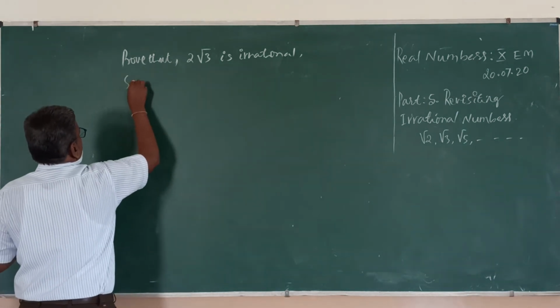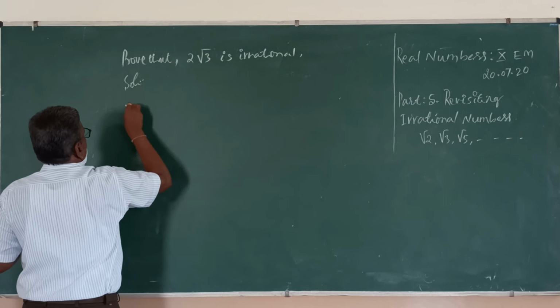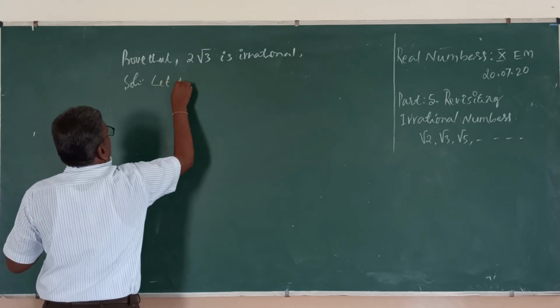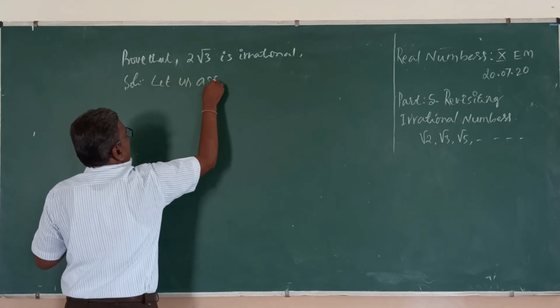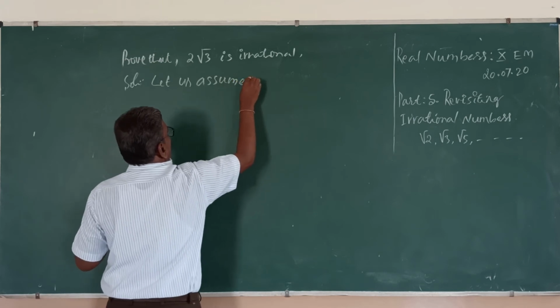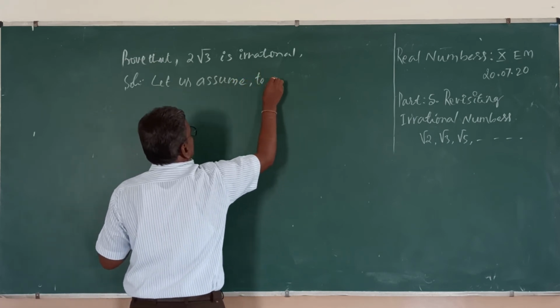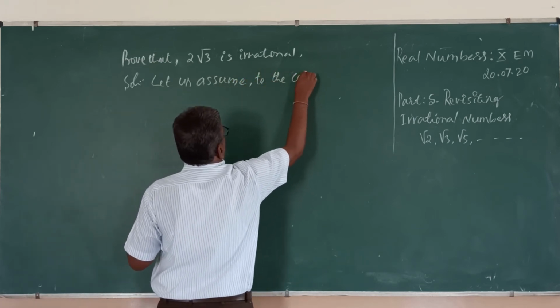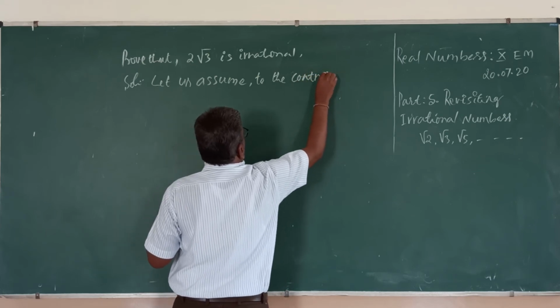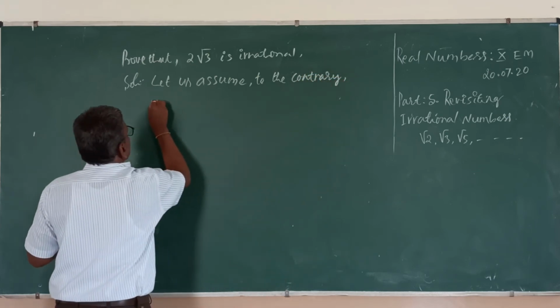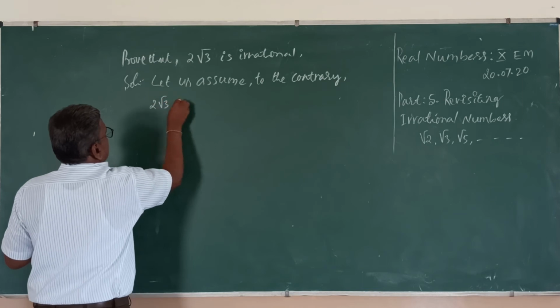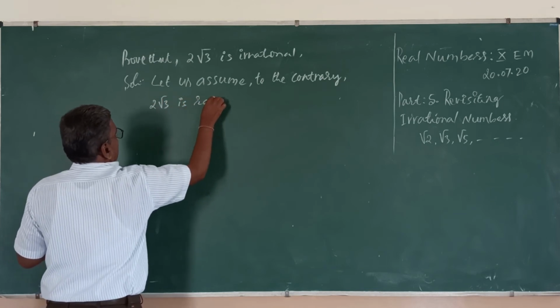Let us assume the contrary, that 2 root 3 is rational.